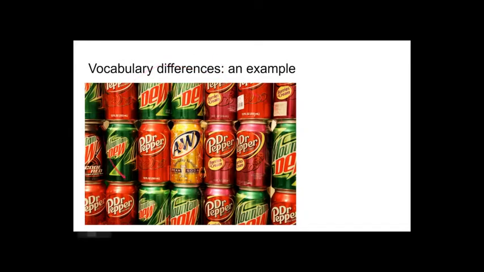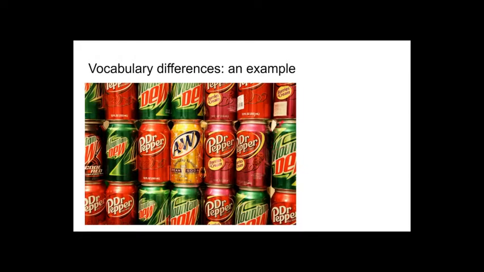Now, one identifier of regional accents is vocabulary choice. So on the screen, there are lots of these cans of a kind of drink. In America, different places use different words for these kinds of drinks.